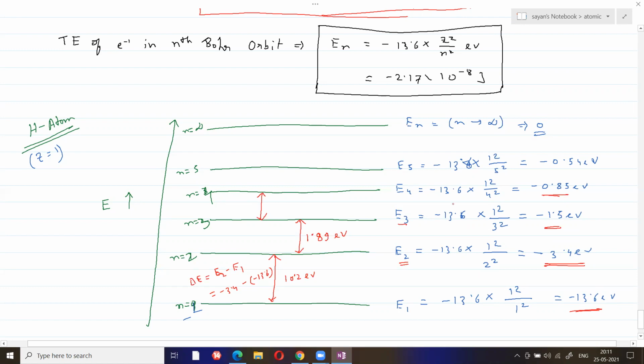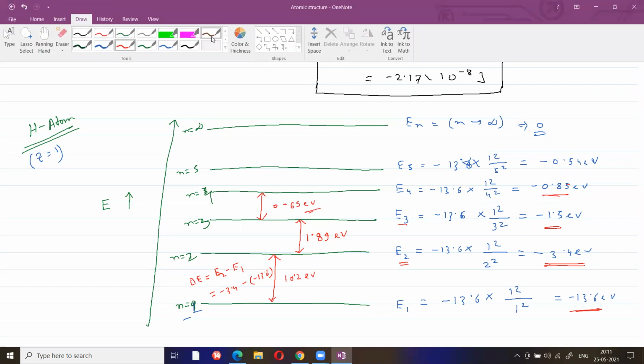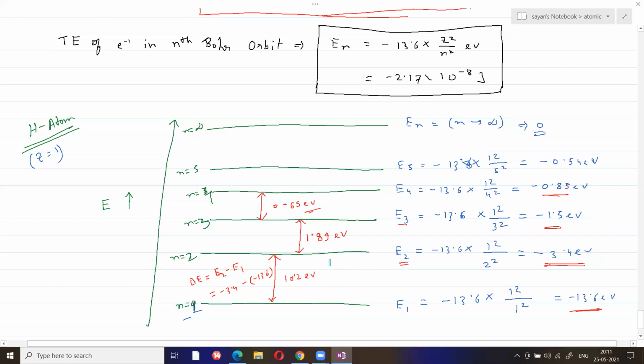Between 0.85 and 1.5, this value is 0.65 electron volt. So can I say, if the n value increases, the energy gap between these two basically decreases. This one to this one decreases, this one to this one decreases, again this one to this one decreases. If the n value increases, the energy gap decreases.